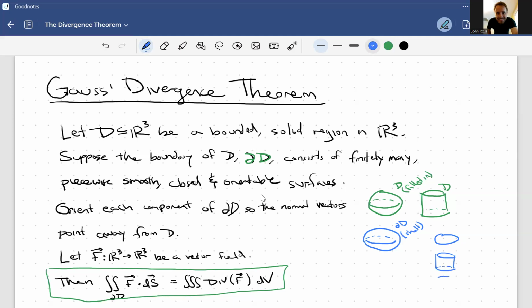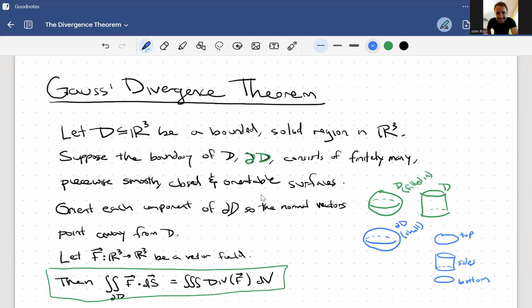And then we've got this bottom disk. So we've got, in essence, the top, the sides, and the bottom. And we're unioning all three of these together. So we have three different boundary pieces here. So that's still finitely many. It's just three of them. Each individual piece is smooth. So the overall boundary is piecewise smooth.